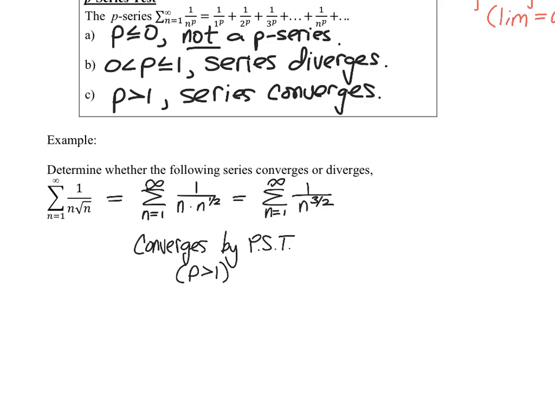But the one that diverges would override the one that converges. So if you broke it up and one ratio diverges, then the whole thing diverges. Same idea with limits: if one part of it doesn't exist, then the whole thing doesn't exist.